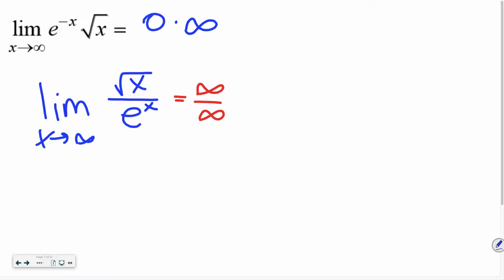Now we can apply L'Hopital's rule to this guy. The square root graph looks like this, so towards infinity, we approach infinity. The e to the x graph looks like this, so towards infinity, we're going towards infinity.